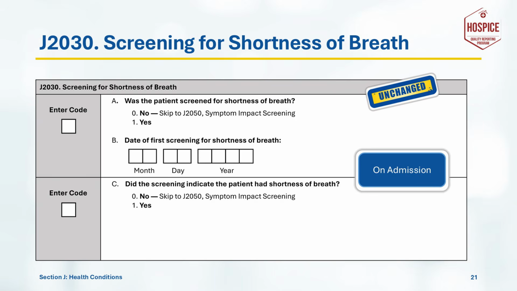On the basis of reports of recent symptoms, current treatment, and patient and family history, the assessing clinician may determine that shortness of breath is an active problem, even if shortness of breath does not occur during the assessment visit.